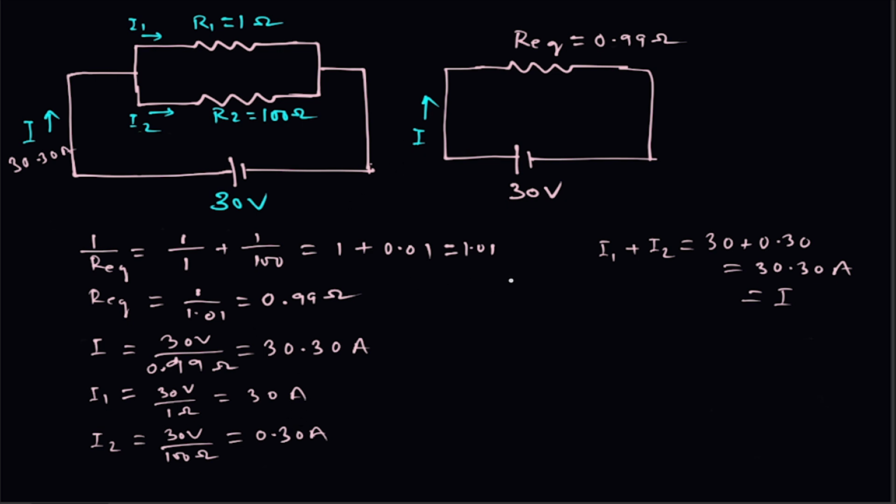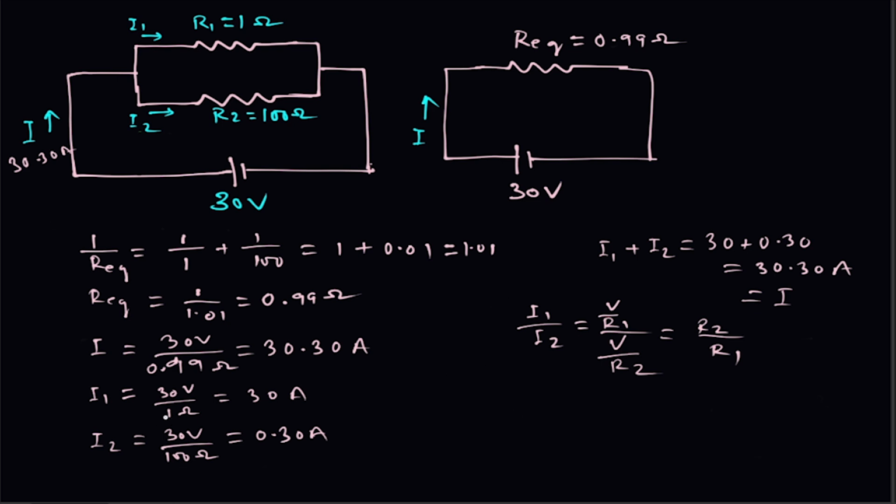Now suppose we will find the ratio in which these currents I1 and I2 we are getting. That is, I1 is how much? I1 is equal to V divided by R1, divided by I2. I2 is how much? That is V divided by R2. That is what we have got, V divided by R1 over V divided by R2, that is equal to R2 divided by R1.